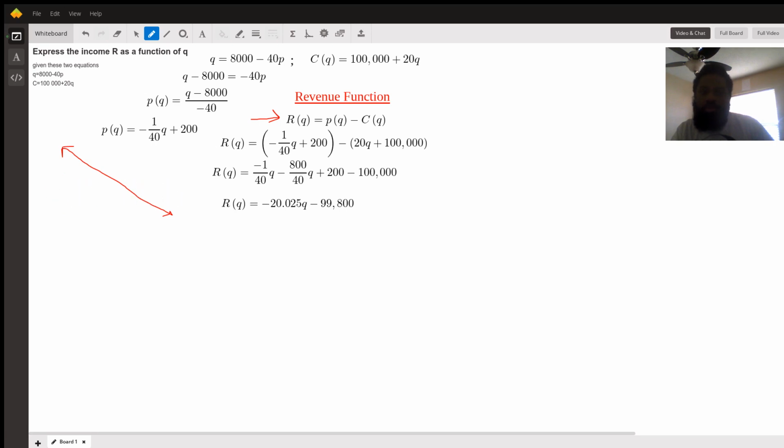So it would make more sense if the Q was squared. Because if the variable is squared, it represents a parabola showing a profit somewhere.